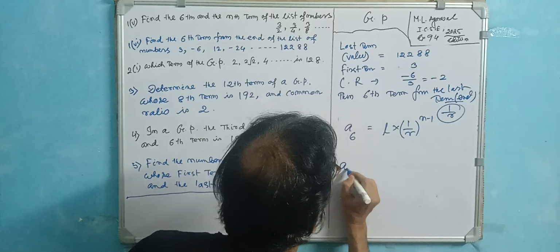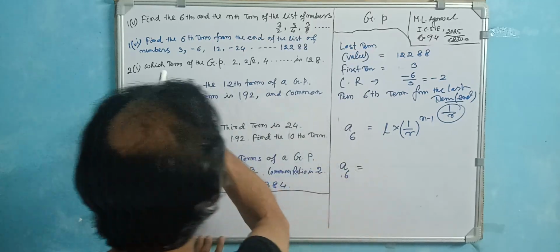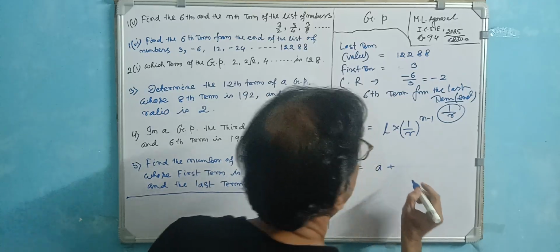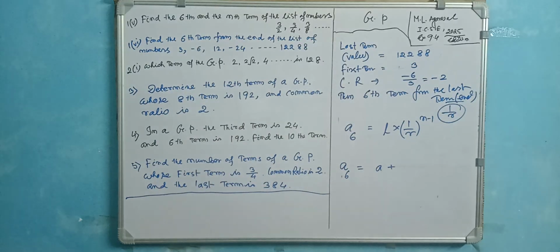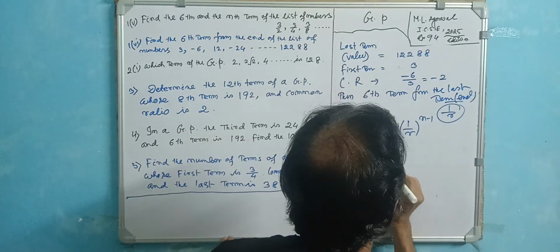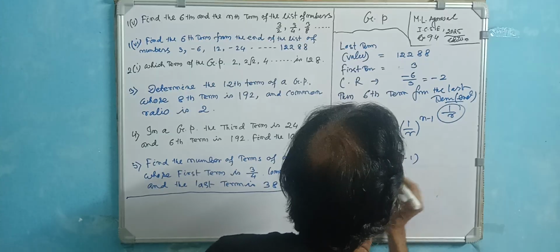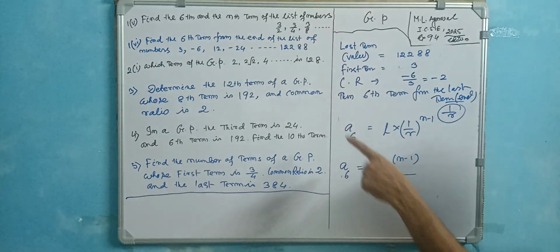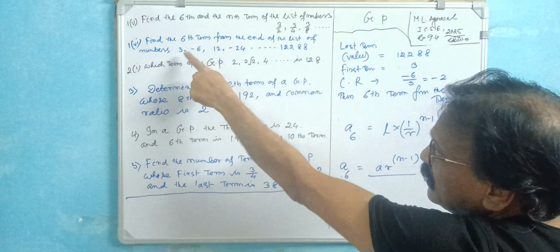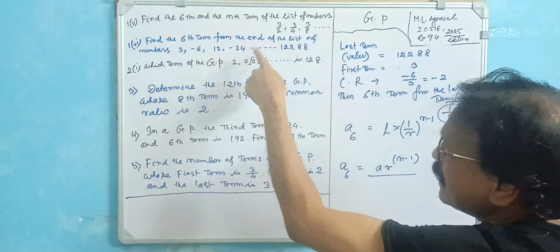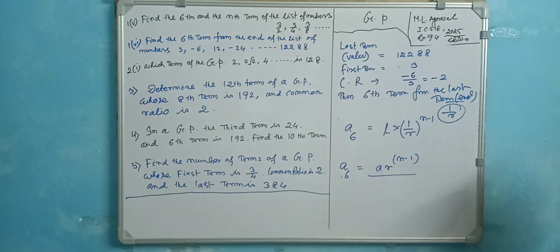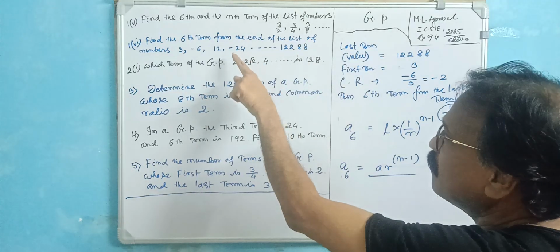From the beginning, you write A6 is equal to AR to the power n minus 1. From the beginning, what is the sixth term? 3, minus 6, 12. This is from the beginning. What is the formula? You know, A6 is equal to AR to the power n minus 1.